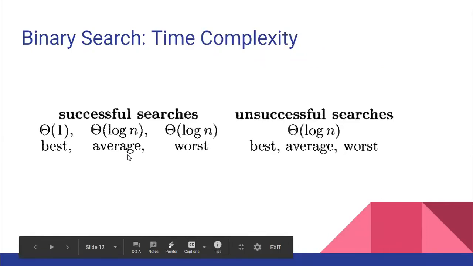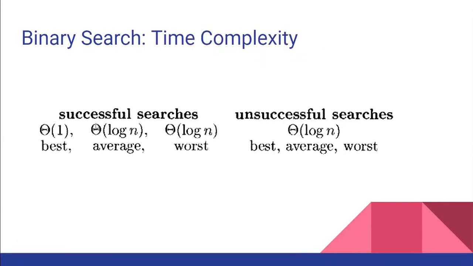So in the average case and in the worst case, the successful search time complexity comes out to be log n. And in case of unsuccessful search, that is the element which we are searching is not present, in all the three cases, best, average, worst, the time complexity of binary search comes out to be theta of log n.